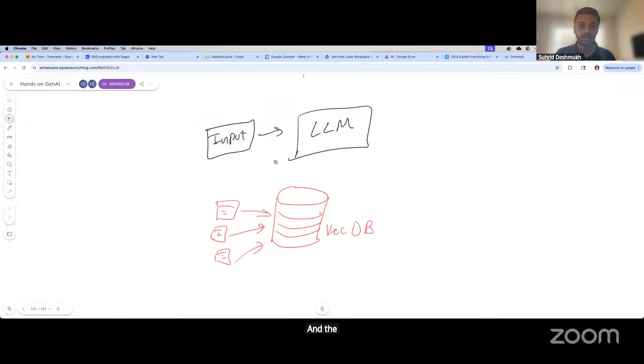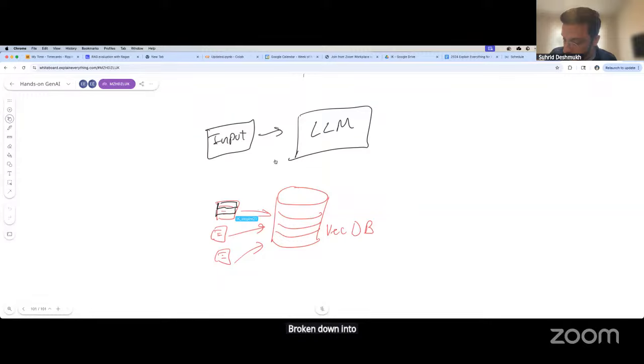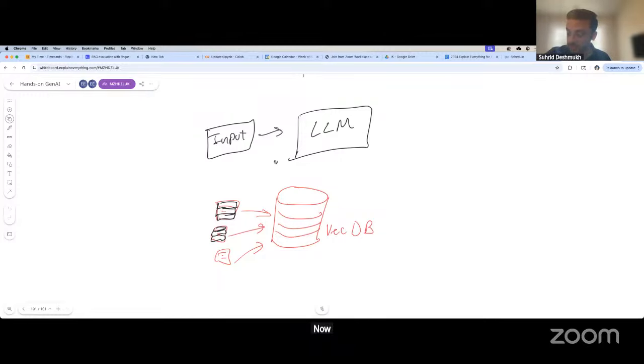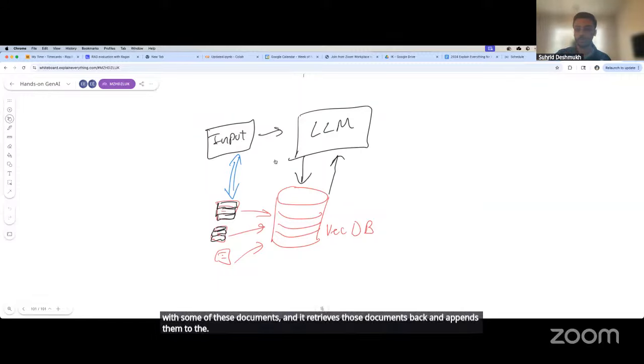And the way they are stored in the vector DB is that a document is not stored completely. Maybe this document is broken down into multiple different chunks, and all of those chunks are then stored. Same thing with this document. It's broken down into some more chunks, and all of those chunks are stored in your vector database. Now what will happen is your input goes to the LLM. The LLM first checks the vector DB on how closely matched your input is with some of these documents, and it retrieves those documents back and appends them to the input prompt.